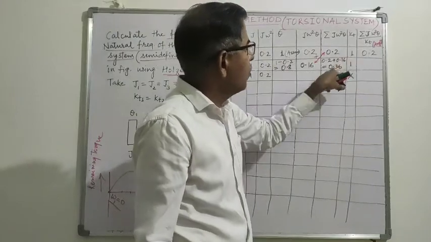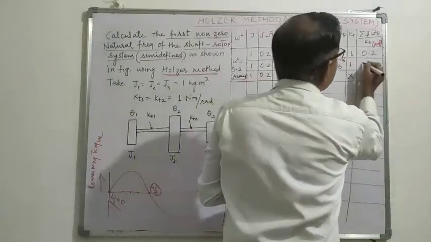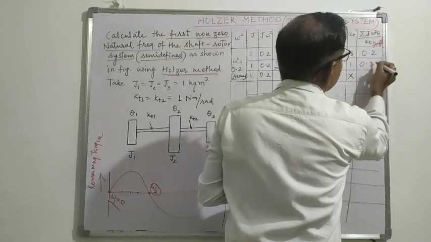So 0.36 divided by 1, so the answer is 0.36.